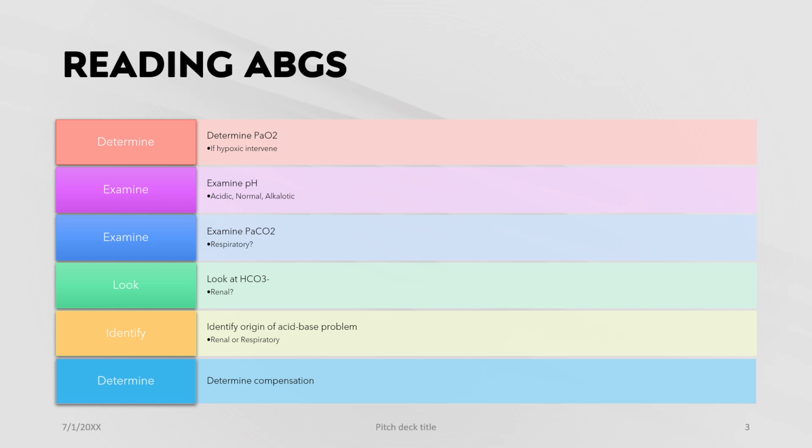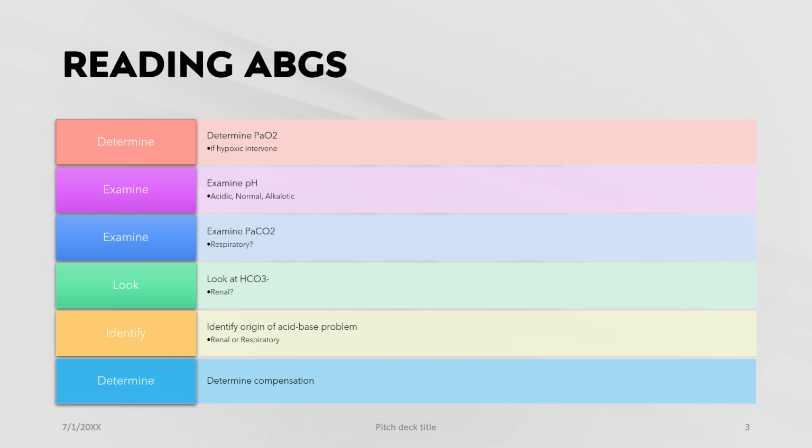Next, we're going to look at our pH. Are we acidotic? Are we normal? Or are we alkalotic? Then we're going to look at our PaCO2. So this is going to tell us if this is a respiratory acidosis or a respiratory alkalosis. Then we're going to look at our bicarb. Is this renal or metabolic in our culprit?